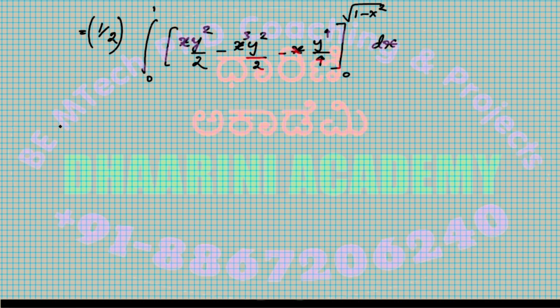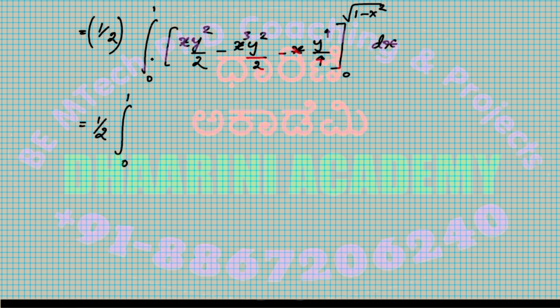Okay, then this is equal to 1 by 2 integral 0 to 1. I need to substitute y is equal to root of 1 minus x square, right? So let us substitute that. I prefer doing one thing: let me take out the denominator first, otherwise that's going to be difficult for me.